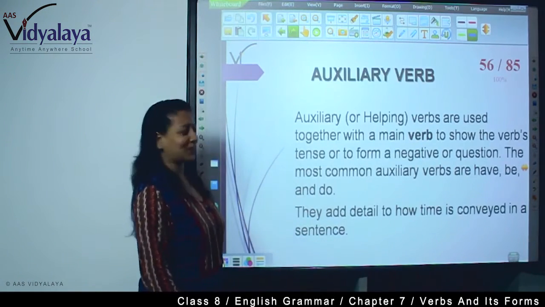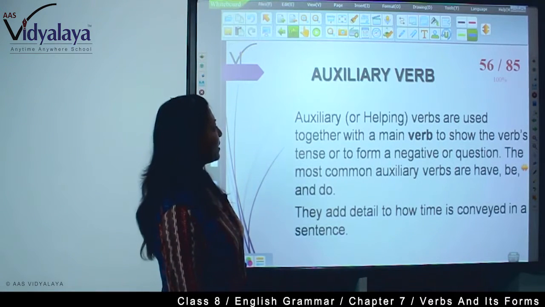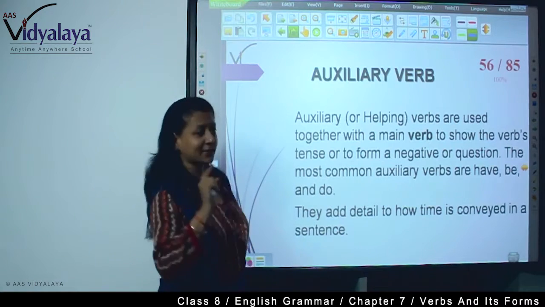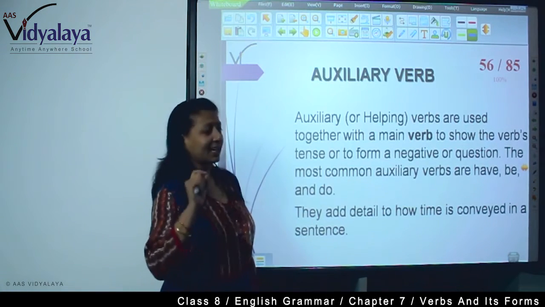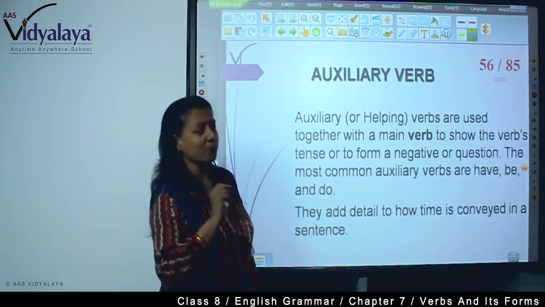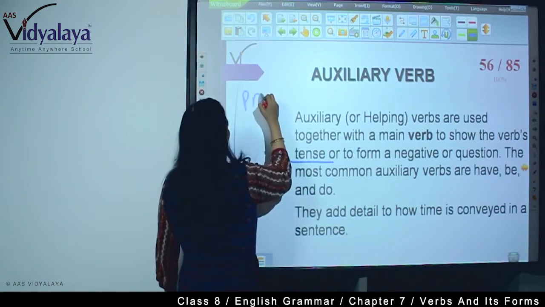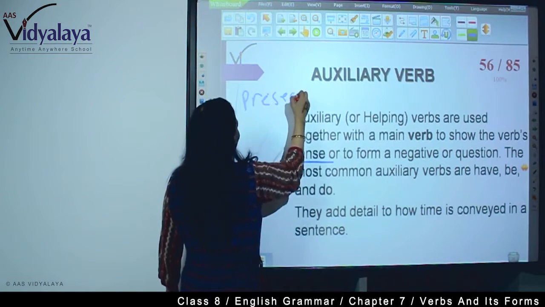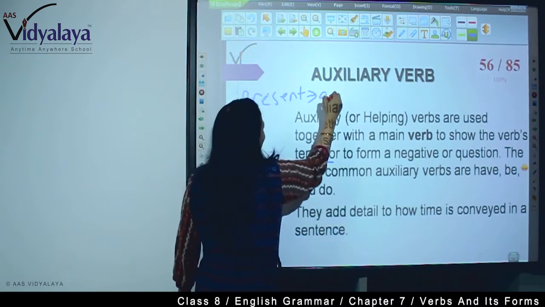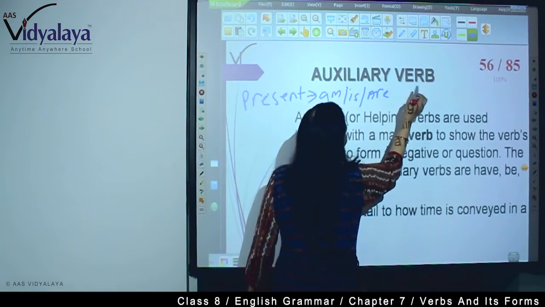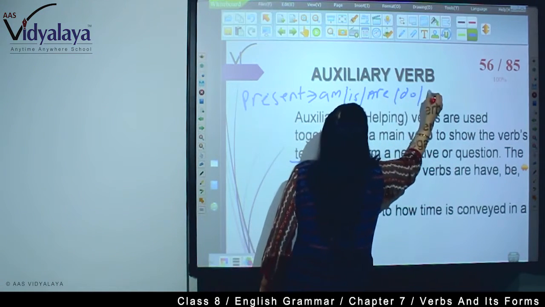Now auxiliary verbs. Auxiliary or helping verbs are used together with a main verb to show the verb's tense or to form a negative or question. Very important. Tense. If it is present, so with number and person, it is am, is, are, right? Do, does.